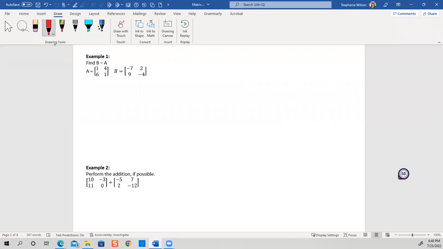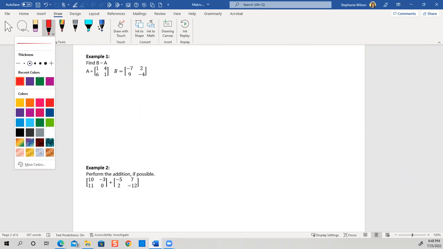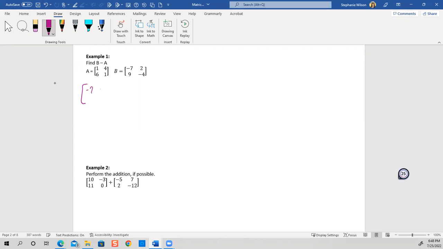So what we need to do is rewrite it where B is first, -7, 2, 9, -4, and we're going to subtract A from it. Now I'm going to rewrite it. Let's look at the ones we rewrote.